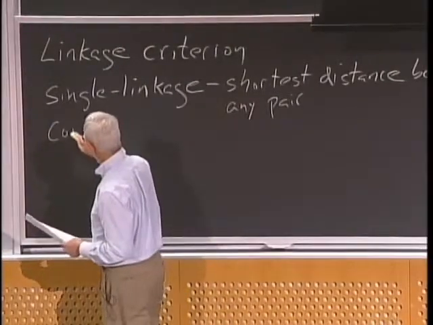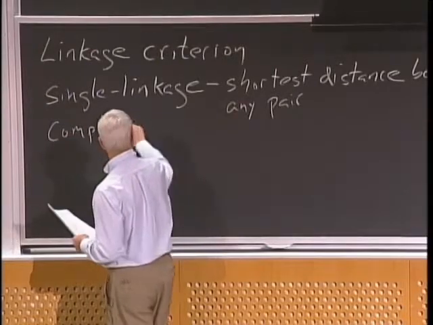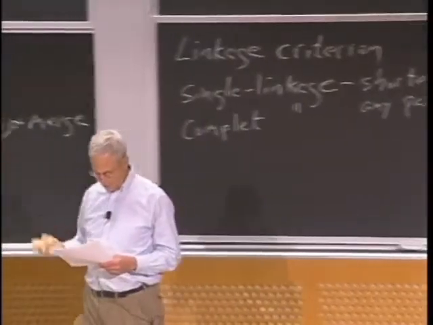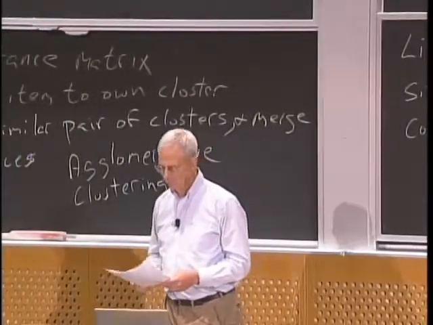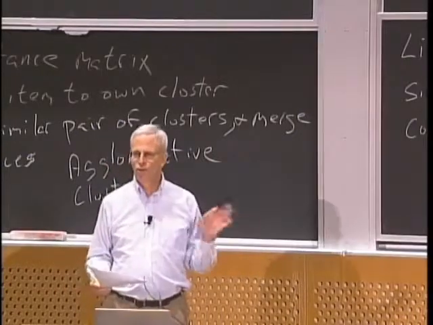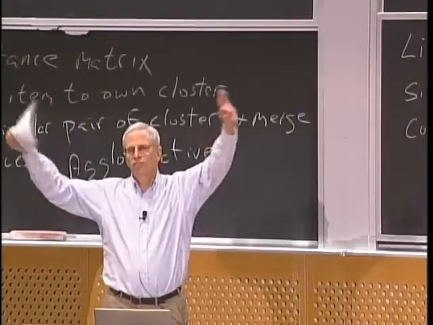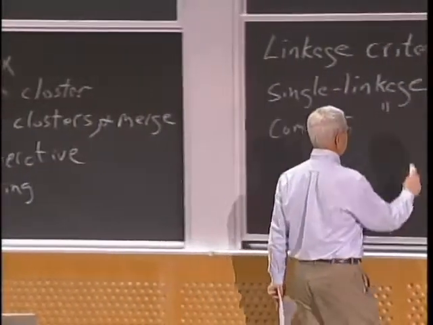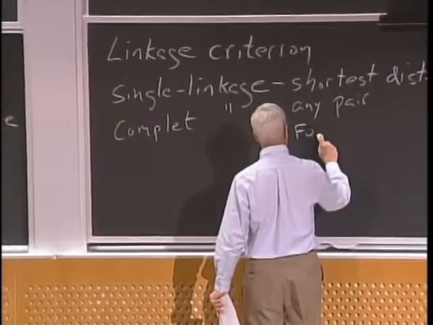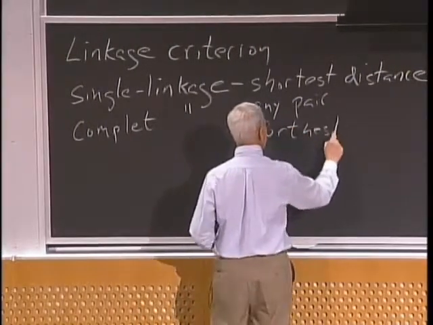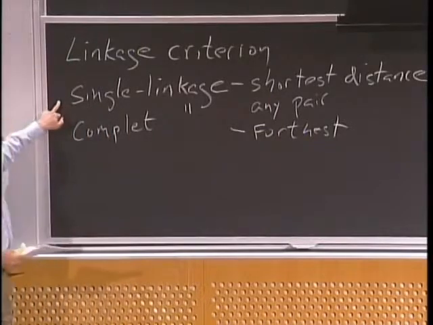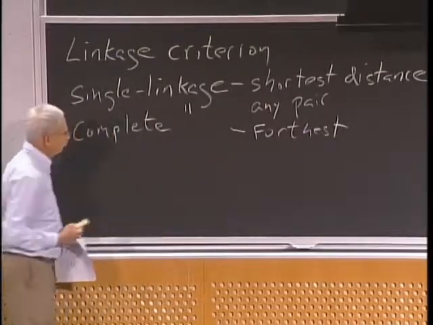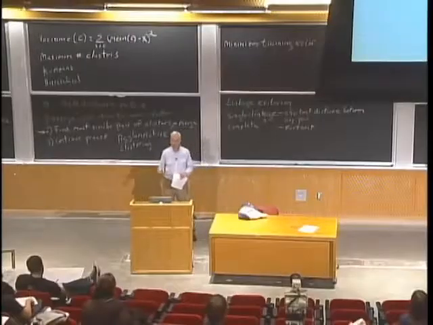People also use something called complete linkage. It's also called diameter or maximum, where we consider the distance between any two clusters to be the distance between the points that are furthest from each other. So in one case, essentially, single linkage is looking at the best case. Complete, in English, not French, is looking at the worst case.